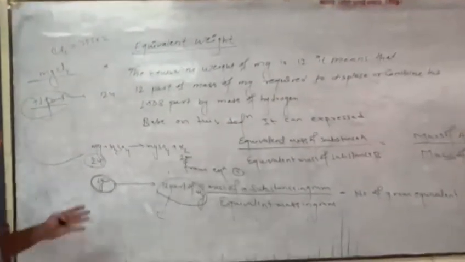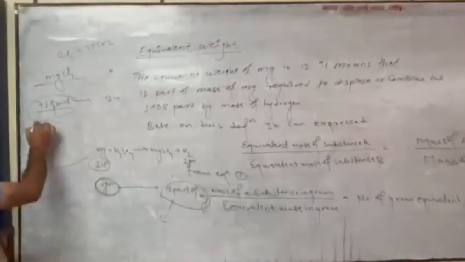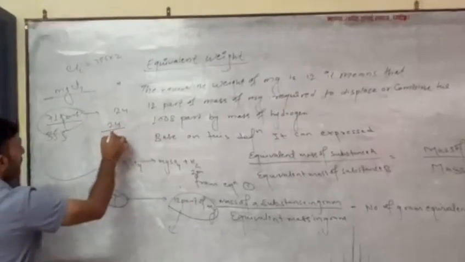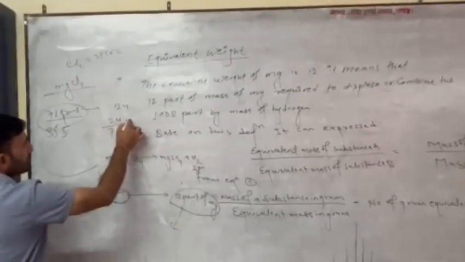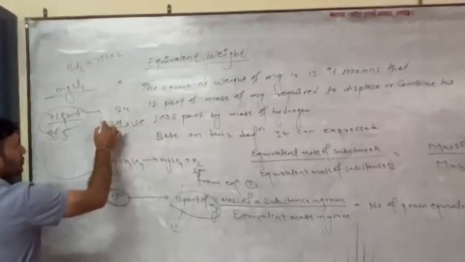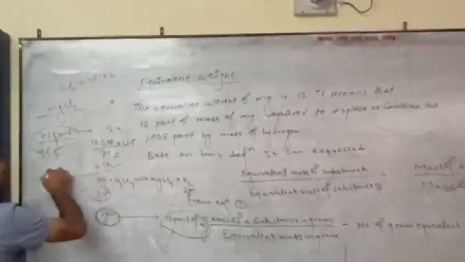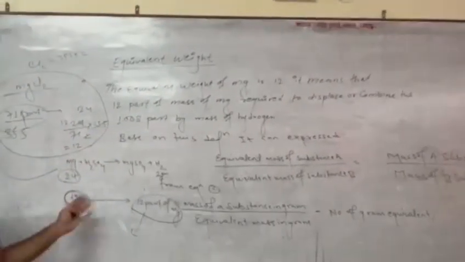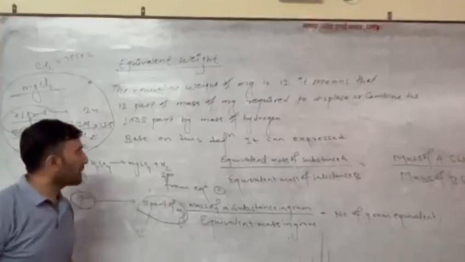We already said that in case of chlorine we have to find 35.5. That means 24 upon 71 into 35.5, which equals 12. This 12 is the equivalent weight of magnesium.